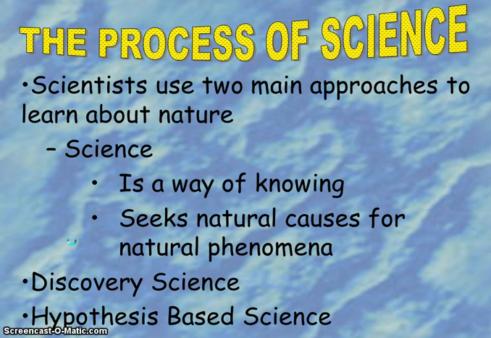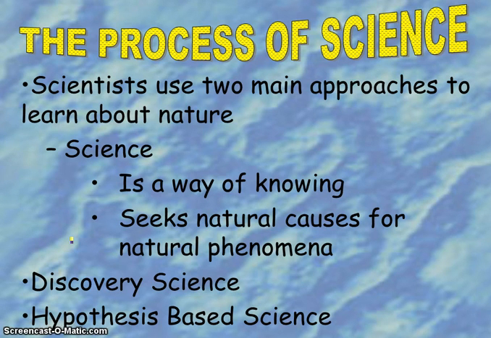So there are two main approaches to learn about the science of biology. There is discovery science and there is hypothesis-based science. Both of these processes deal with a type of reasoning. We have one type of reasoning called inductive reasoning. That is when we have a very specific observation and it leads to a much broader conclusion.